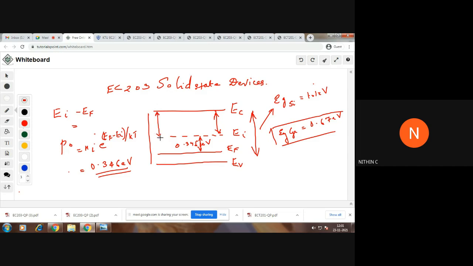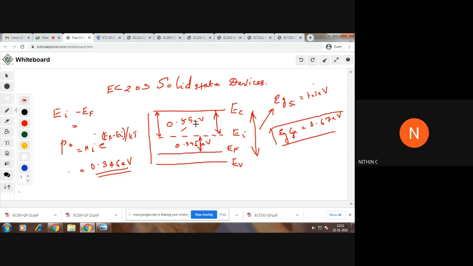If the entire difference, that is the full energy band gap, is 1.1 electron volt, what will this value be? EC minus EI will be divided by 2, so it will be 0.55. If you are asked for EC minus EI, you can easily write 0.55 electron volt. In the case of silicon, just remember that also.